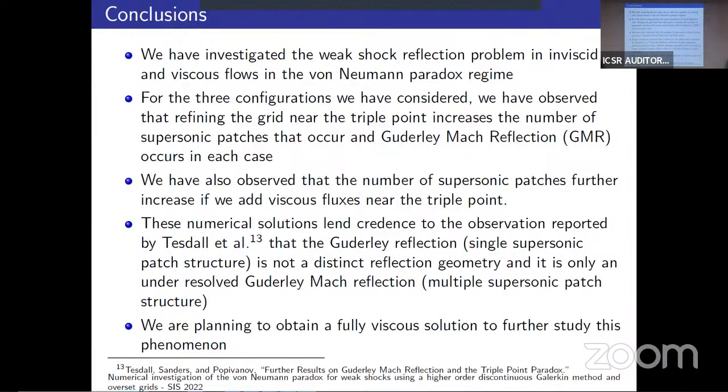These numerical solutions again lend credence to the observation reported by Tesdell et al. in 2015 that the single supersonic patch structure is not a distinct reflection geometry, but only an under-resolved multiple supersonic patch structure, which is also known as Guderley Mach reflection.